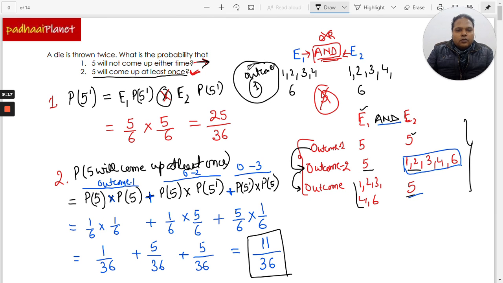This is the only outcome, while in this situation there are 3 outcomes. This is outcome number 1, this is outcome number 2, and then we have outcome number 3, and for each of these outcomes we have different possibilities, right? These are the different possibilities, and then we have clearly laid them down, right? I hope it was clear enough.